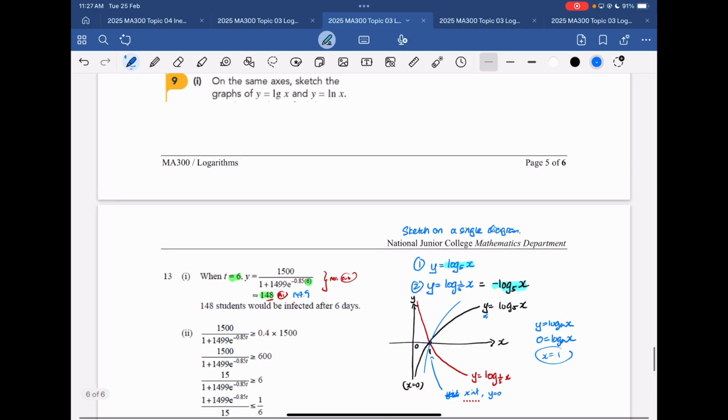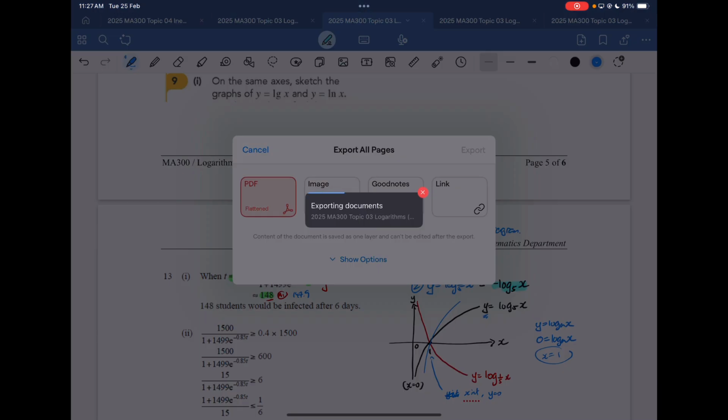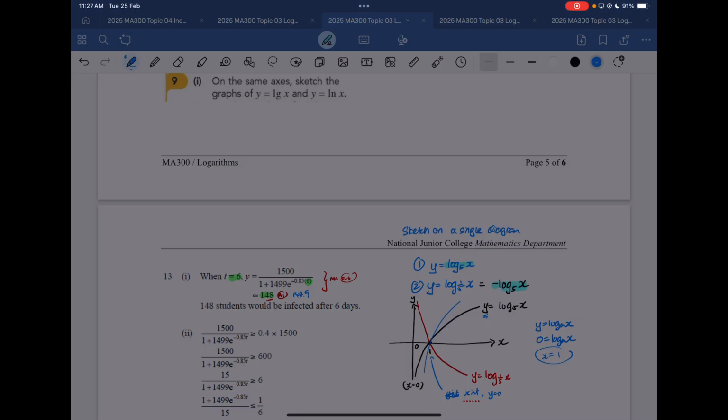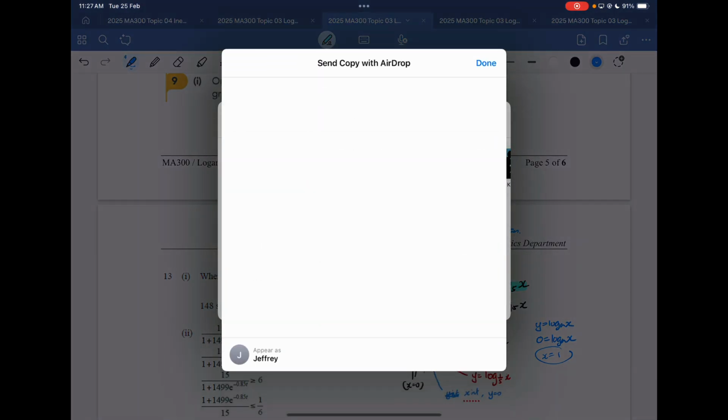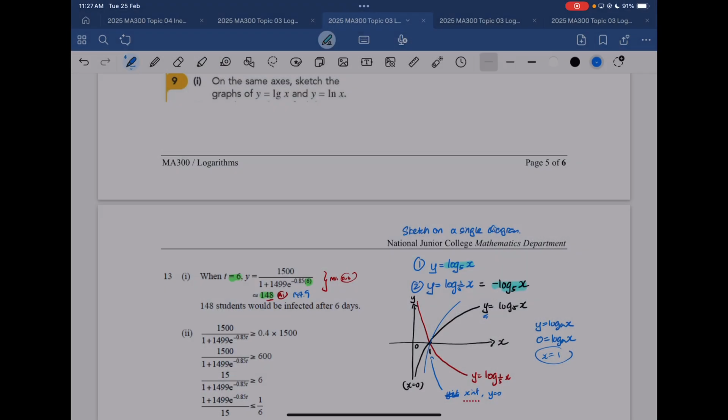This one, right? Sorry, I couldn't catch you. You mean this one, right? Is your airdrop on? I don't see you. Okay, done. Next one.